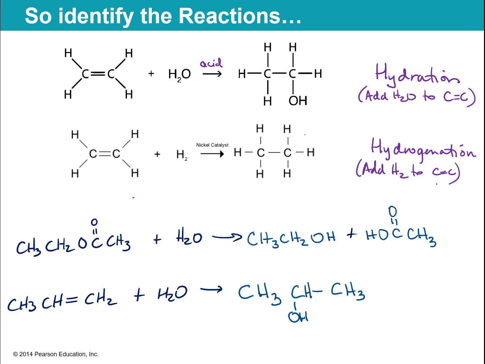So what about this one? CH3, CH2O, C double bond O, CH3 plus water makes CH3, CH2OH, and HOC double bond O, CH3. So what happened? Look where the carbons are on the reactant side and on the product side.